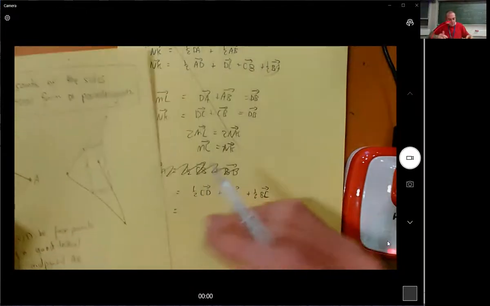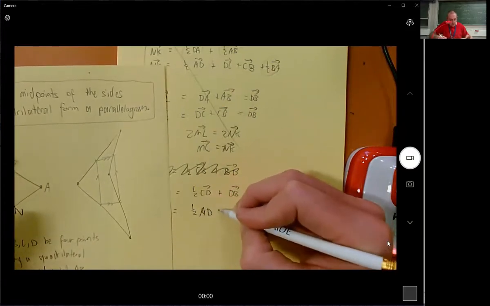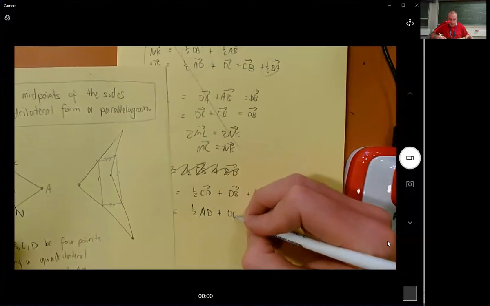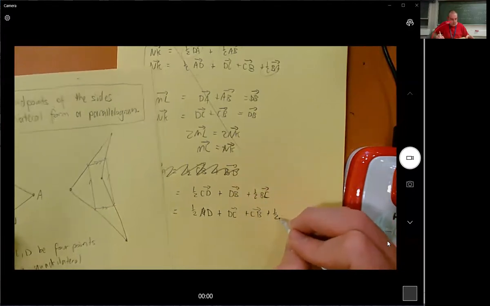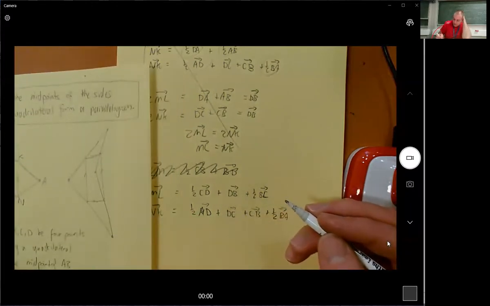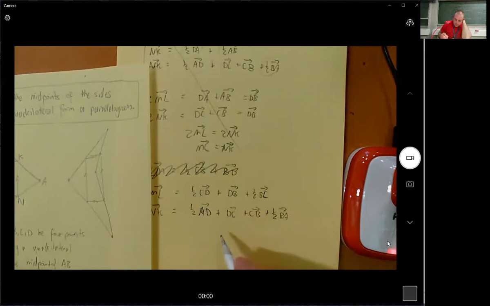So the NK would be like half of AD plus DC plus CB plus half of BA, and no, it's not helping.